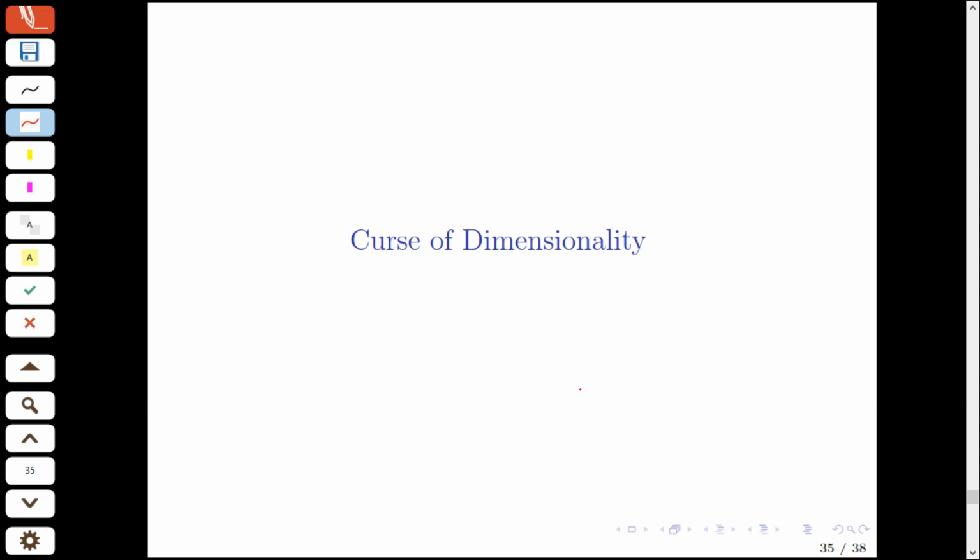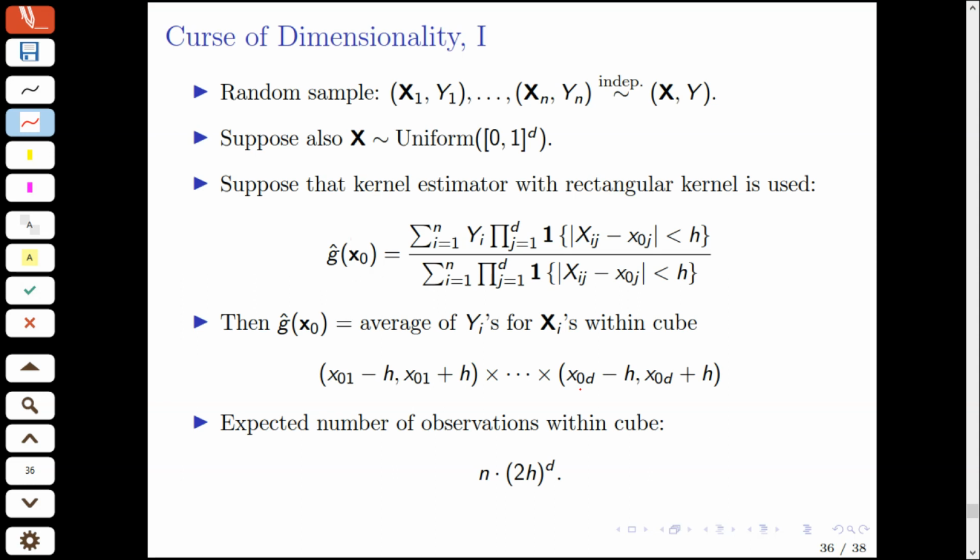Finally, let's talk about an issue often referred to as the curse of dimensionality. And for this purpose, let's return to the setting where x is actually allowed to be a vector. So now x is allowed to be d by 1. So suppose for simplicity that x is in fact uniformly distributed on the unit cube, where this is a cube in R^d.